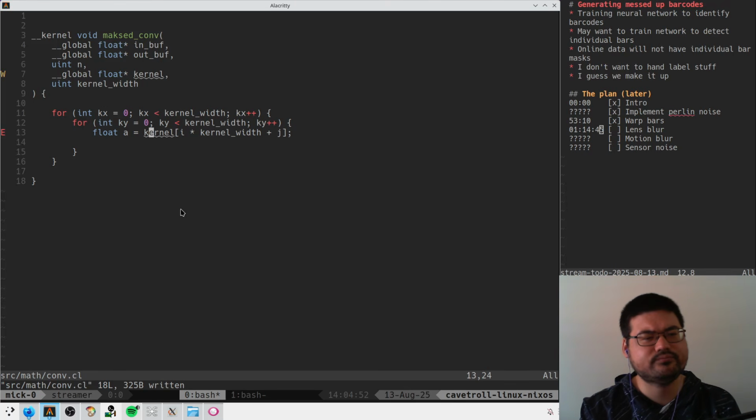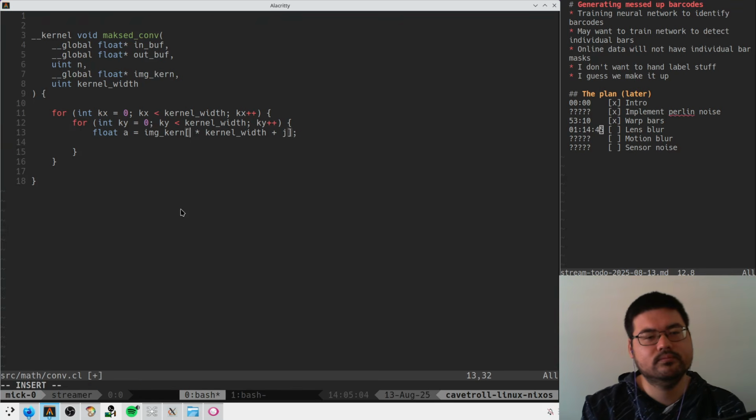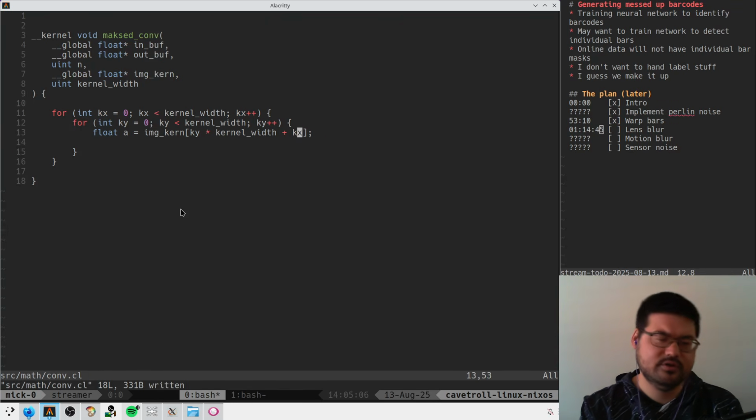Okay. Oh, kernel's a reserved word, huh? Image kern, I guess we call it. Okay. So then how do we determine the offset here?